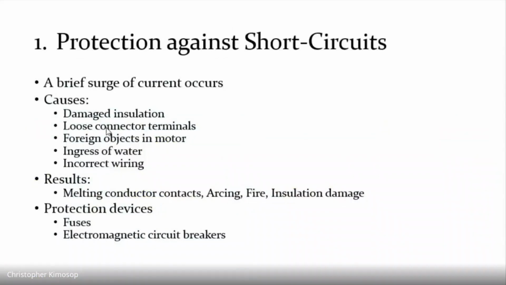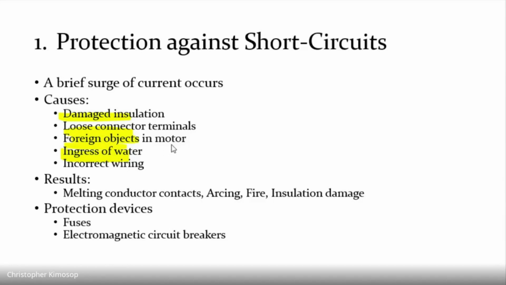It is caused by either damaged insulation, as we had said, or loose connectors. We mentioned foreign objects in the motor. This is one we didn't mention, which is a piece of metal that would short circuit exposed uninsulated components of the wire. Ingress of water. Water is a conductor, and it is a very dangerous element.